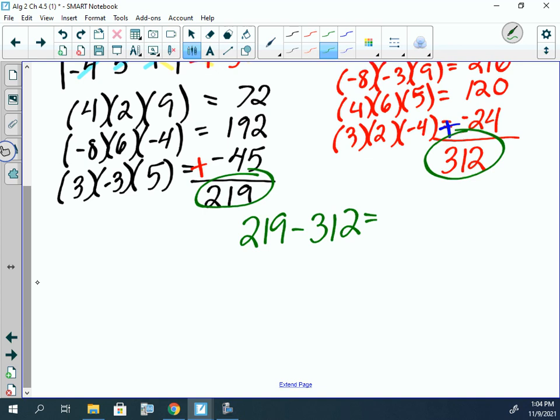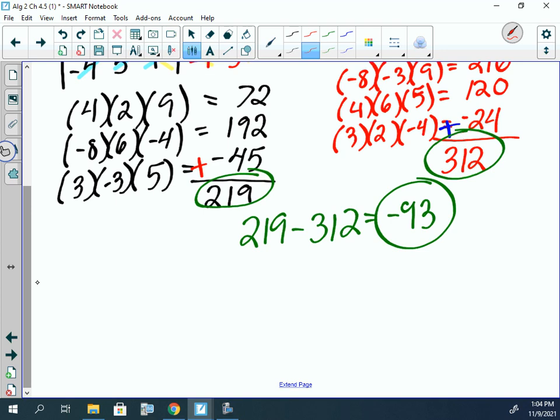The ones going from left to right are subtracted from the ones going from right to left. So we're going to take 219 minus 312. And if we subtract these, we get negative 93. And that's it. That's all we have to do for these here.